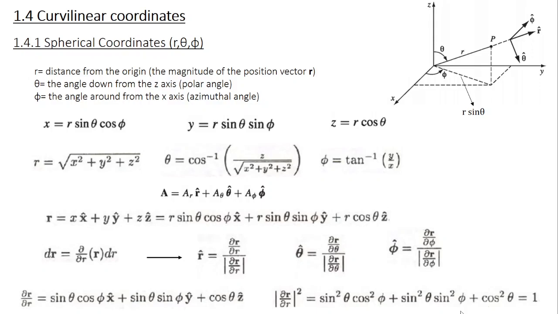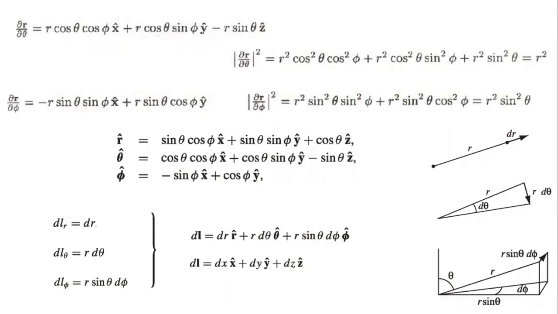Now similarly calculate ∂r/∂θ. So take this expression, find out the derivative with respect to θ. Derivative of sin θ is cos θ, so you get this expression. Then take its dot product with itself, you get (∂r/∂θ)². You need to simplify this.